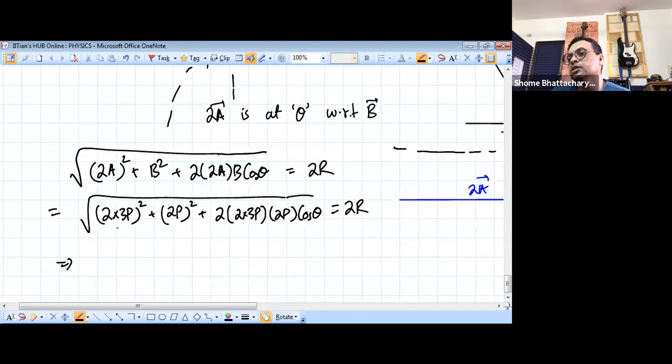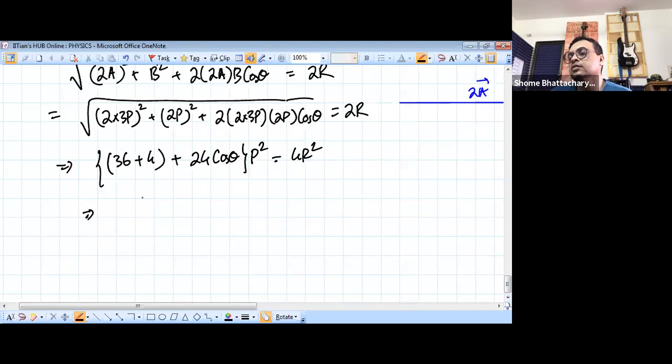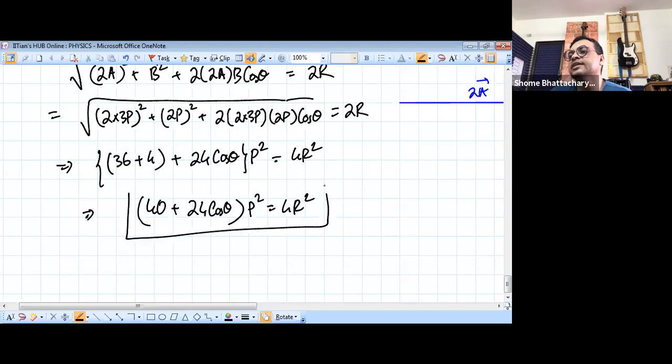That will now give us 36 plus 4 plus 6 times 12 is 24 cos theta, whole thing into P square is equal to 4R square. So now we'll get the relation that 40 plus 24 cos theta, times P square, is equal to 4R square. So this is now my second equation.